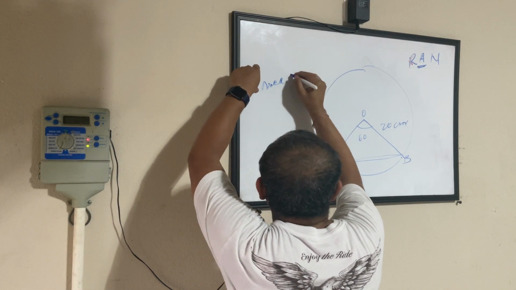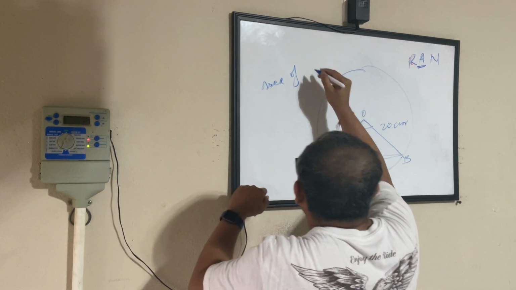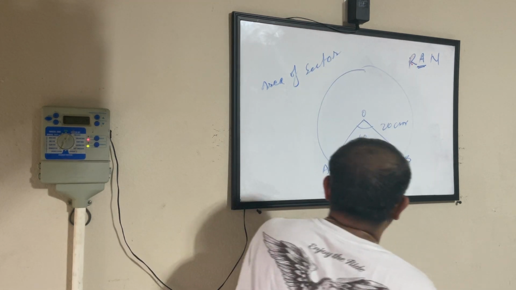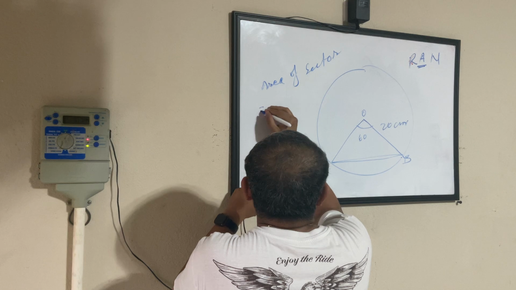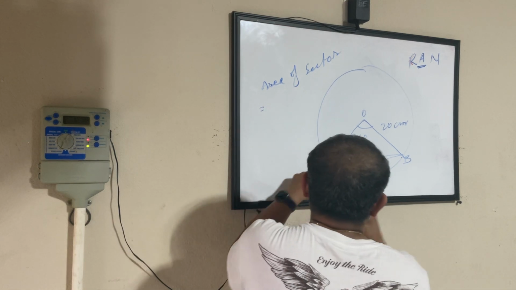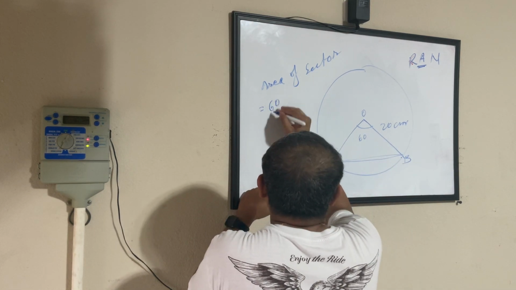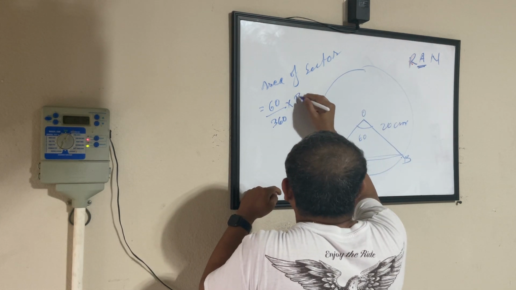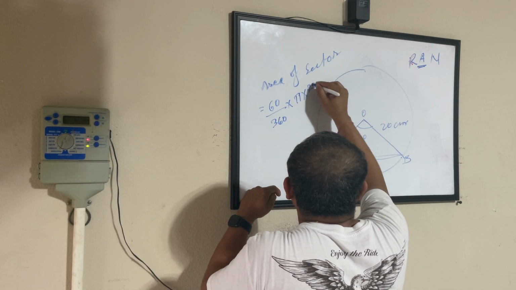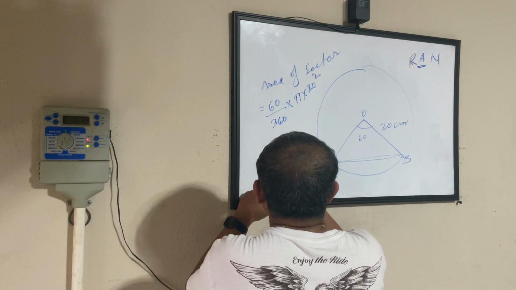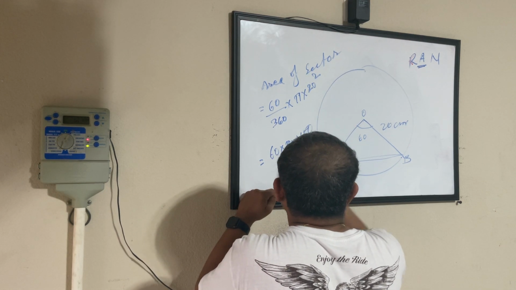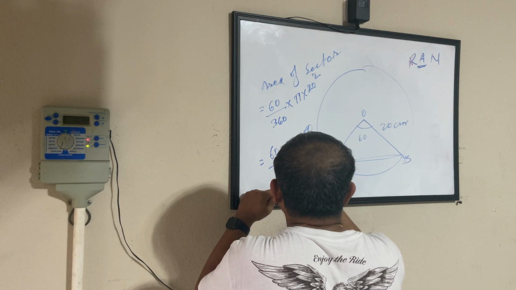I'll write it in simple English always, so that I don't get confused when I'm reviewing what I did. Area of sector is nothing but 60 out of 360, right? Of the total area, which is pi into r square. R square is 20 square. So that means 60 into pi into 20 square, which is 400, divided by 360.